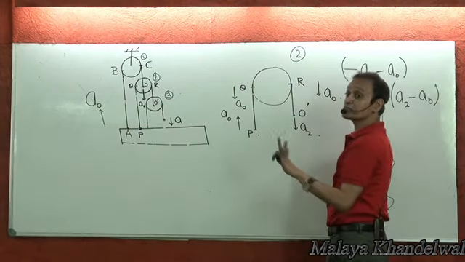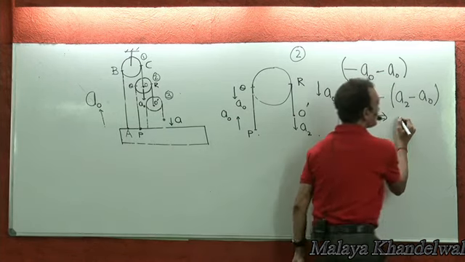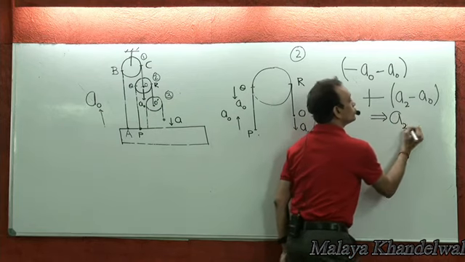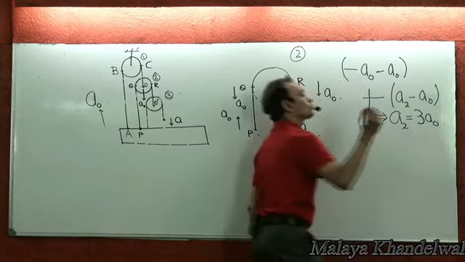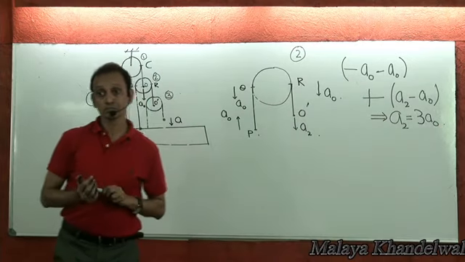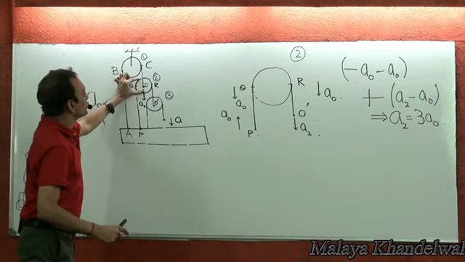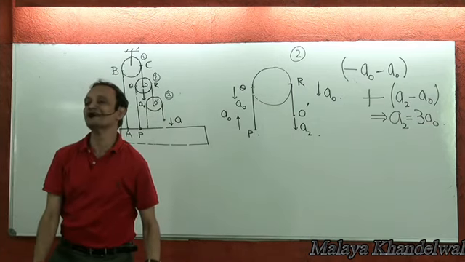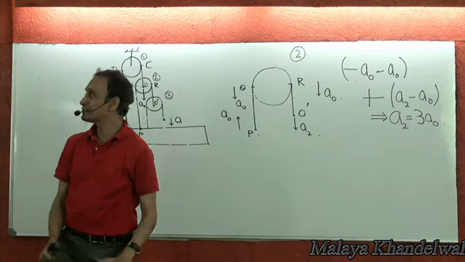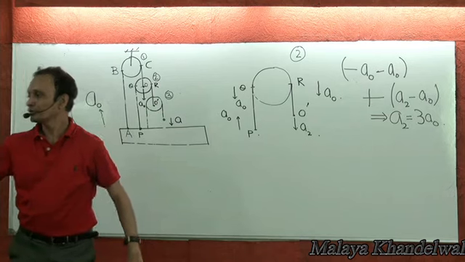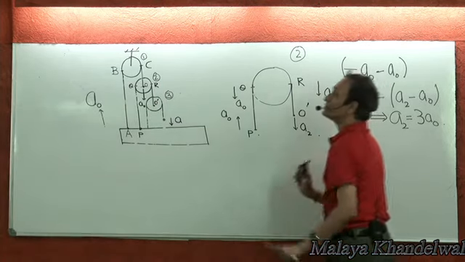And all of this must add up to 0. So this gives me a2 equal to 3a naught. Yes or no? That means this pulley 2 is moving down with an acceleration 3a naught. So a2 turns out to be 3a naught.